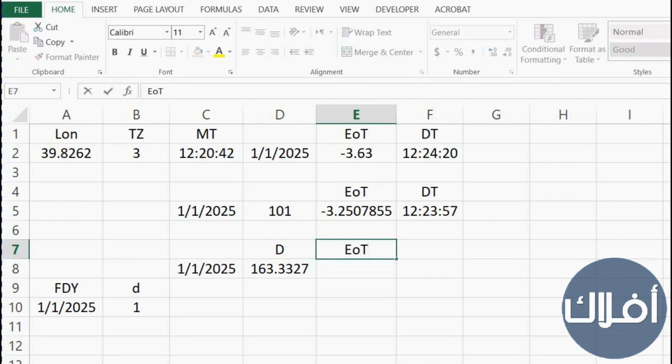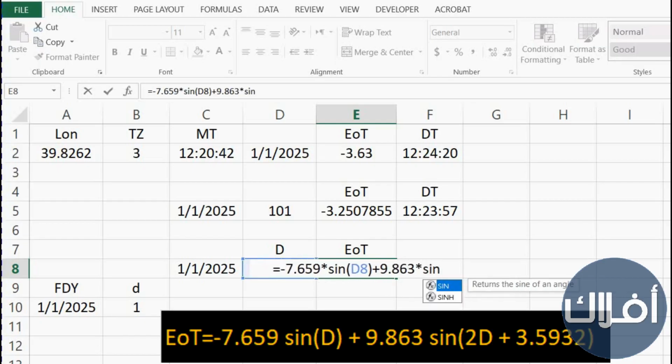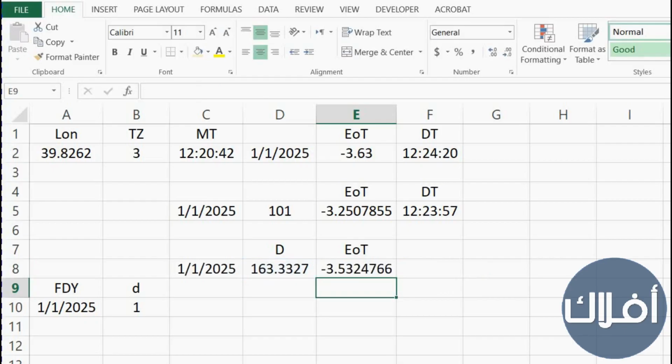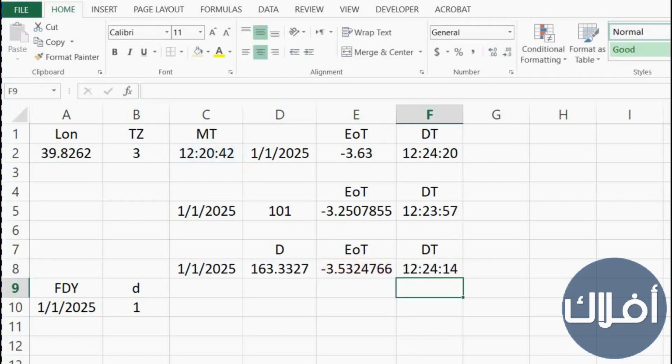The value of d here is in radians, so equation of time is minus 7.659 multiplied by sine d plus 9.863 multiplied by sine open bracket 2 multiplied by d plus 3.5932, and the result is minus 3.53. And Dhuhur time MT minus EOT over 1440, and we see the difference here is 6 seconds from the correct value and 17 seconds from the first method.